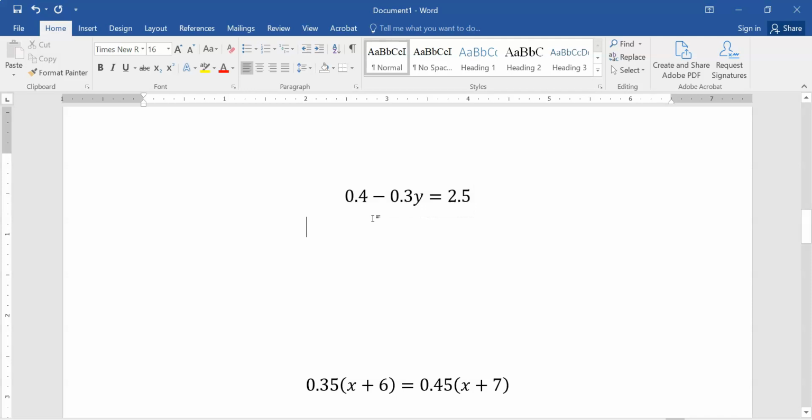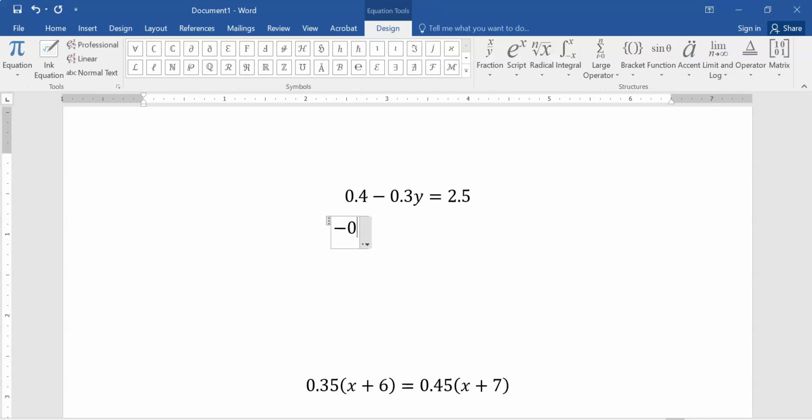So what I would do, just like we did before, is notice that first off, the left-hand side and the right-hand side are as simplified as I can get them. So the next step would be to get rid of the constants on one side, get rid of the variables on the other. The quick way to do that is to subtract 0.4 from both sides.